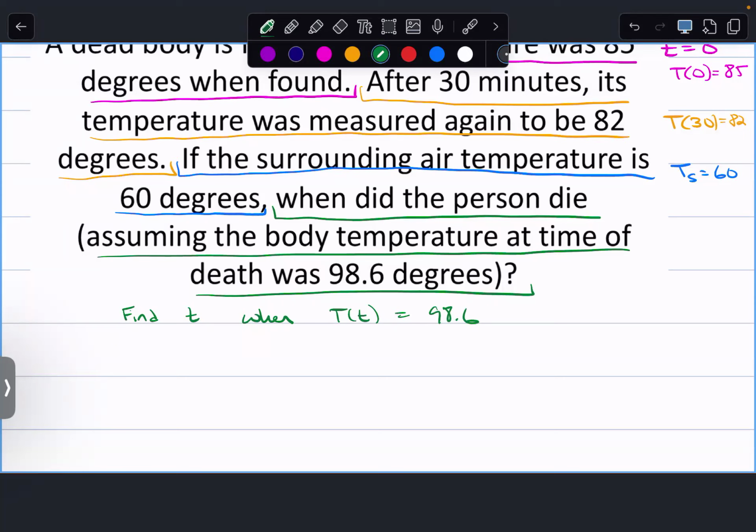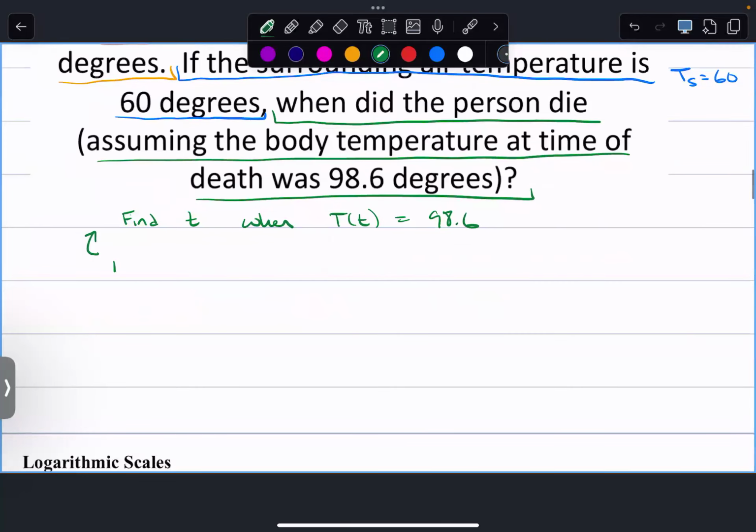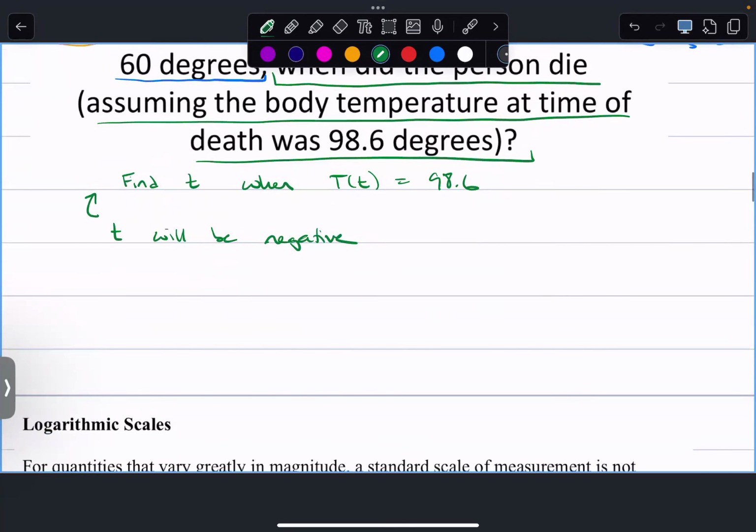I think I made a note last day where we said, okay, well, if I use the initial, when the body was found as my initial point, then this t should be negative, right? t will be negative, which means it'll be the time before the body was found.